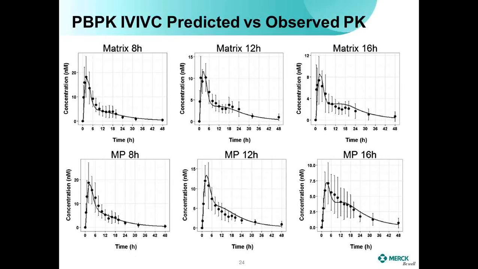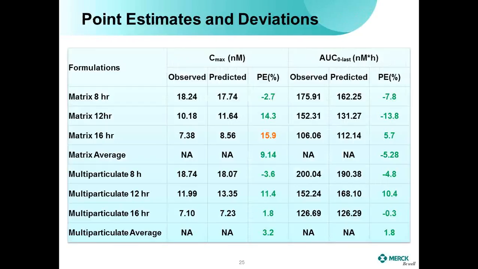So that's why we also set a lower ASF value to account for the slow absorption rate in the lower GI.